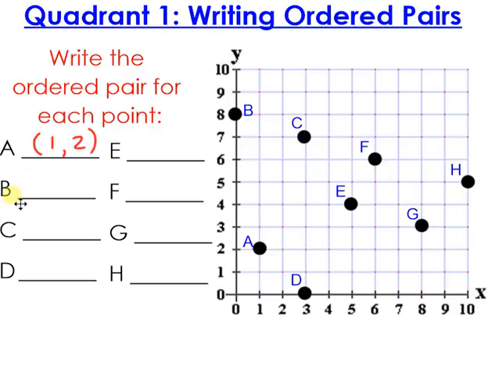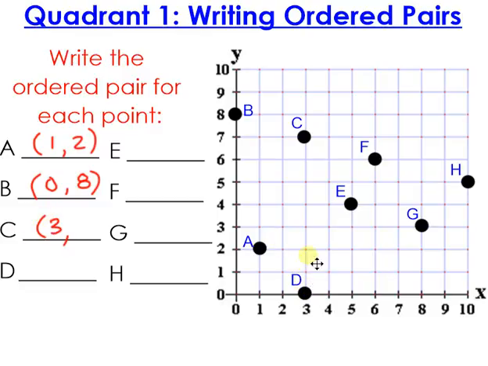Now I'm going to look for B. B's over here. So B goes left or right 0. And then it goes all the way up to 8. For point C, here's point C. So point C is over 3.